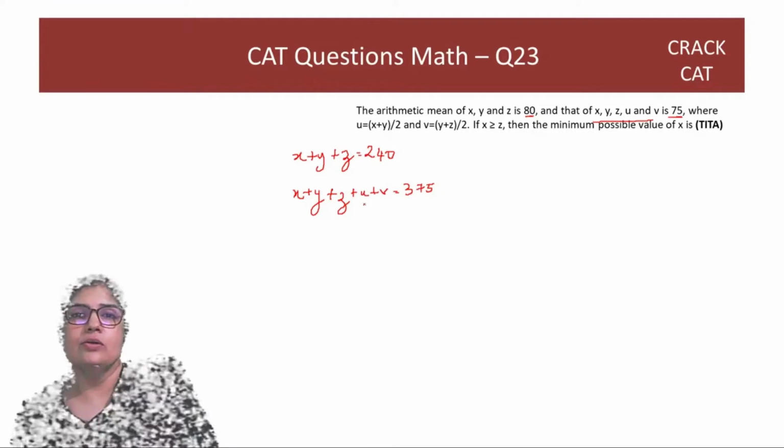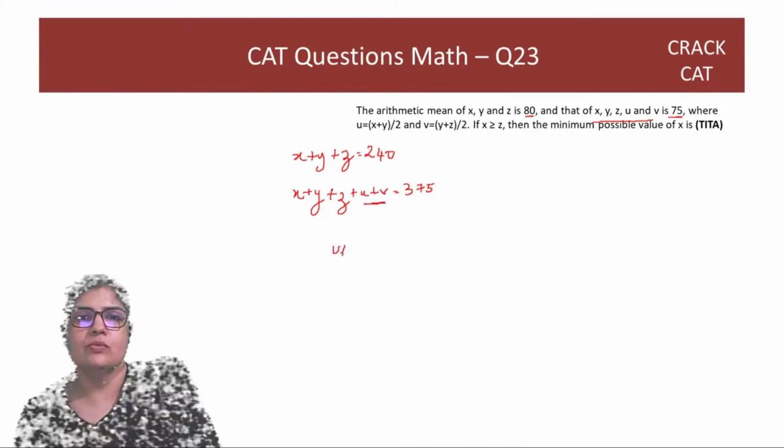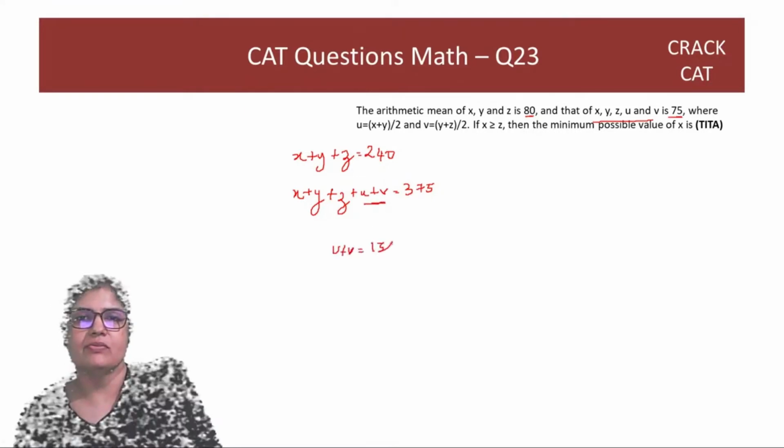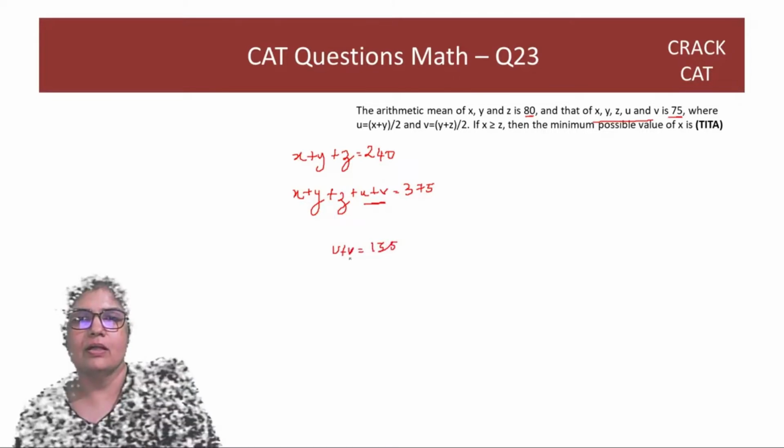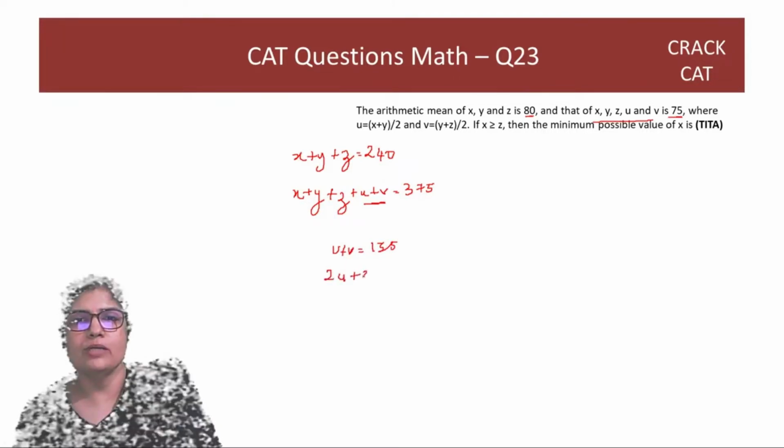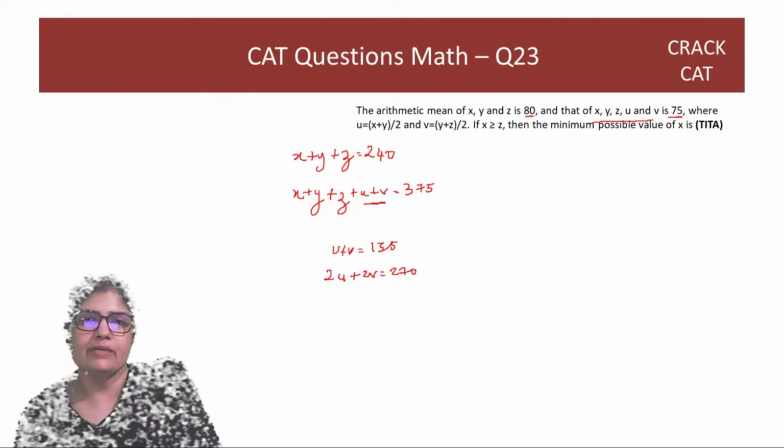Okay, so your u plus v will be 135. So 2u plus 2v will be equal to 270.